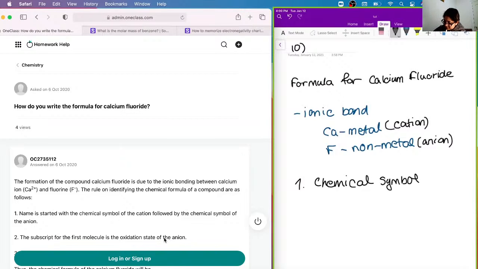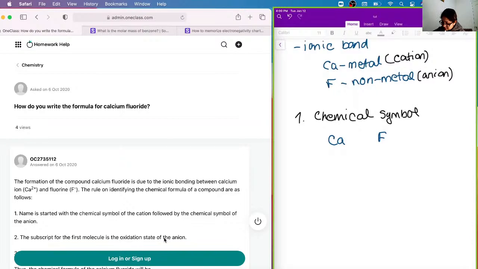So the chemical symbol for calcium is Ca, and for fluorine is F. And so the next step would be to find the subscript for the first molecule, which is our cation, which is calcium.